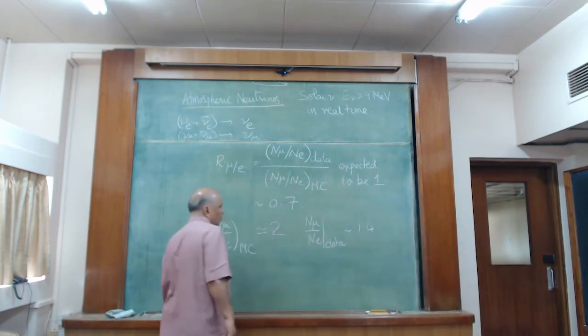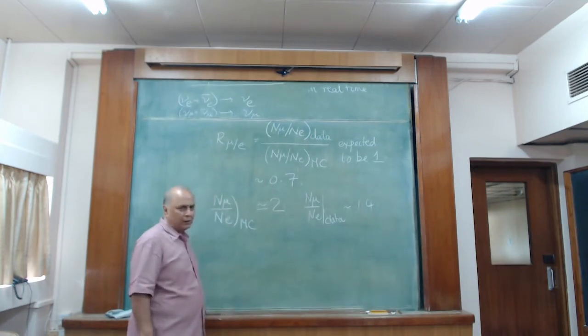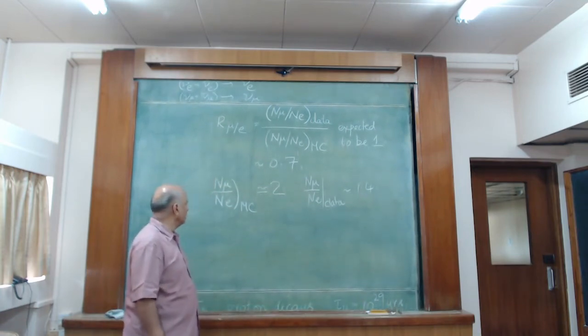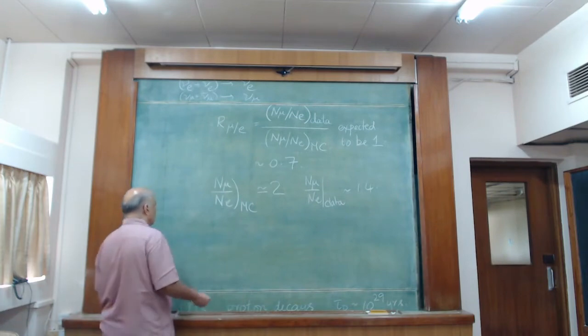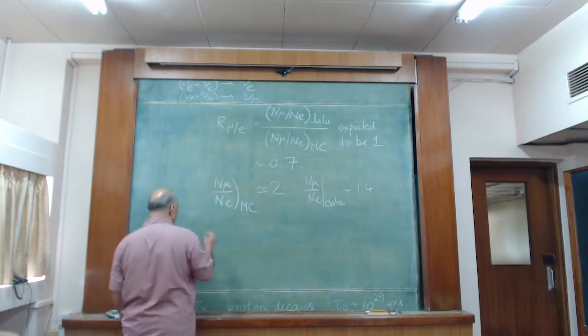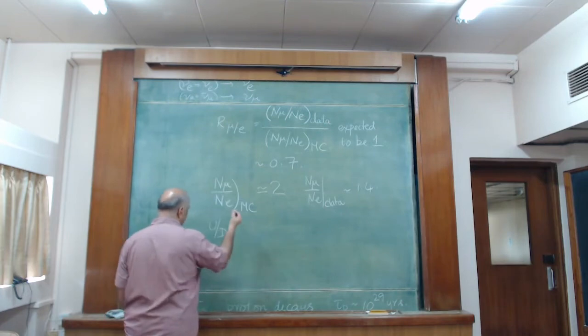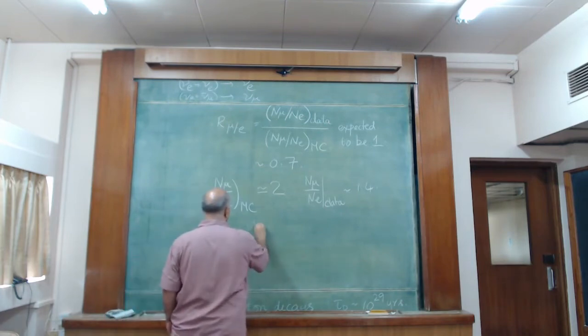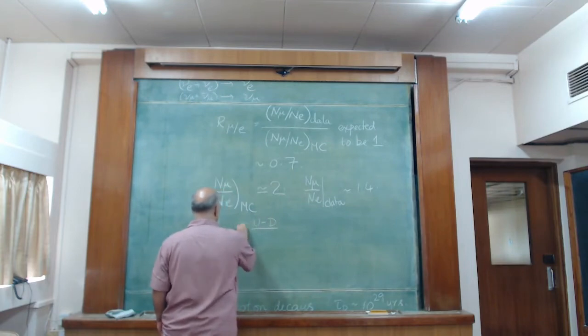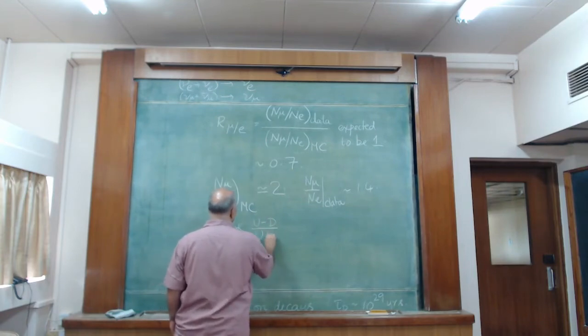This is one important measurement they made, and the second important measurement they made is with muons only. They have what they call up by down, or sometimes it is also written as up minus down by up plus down.